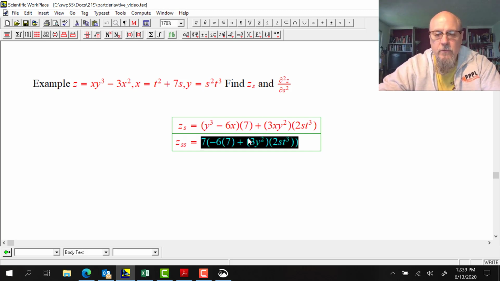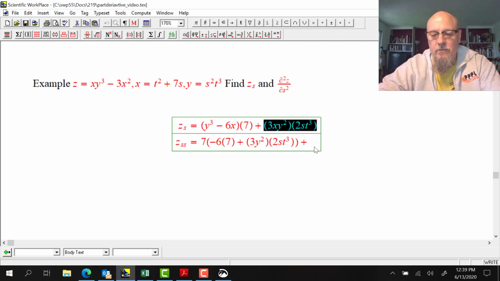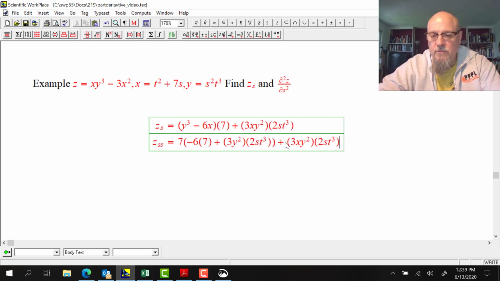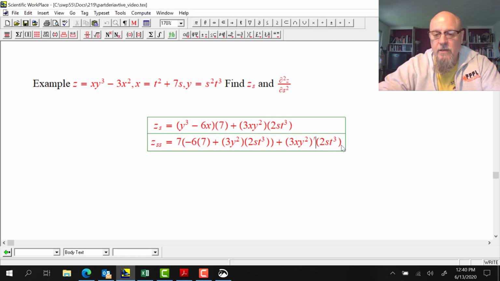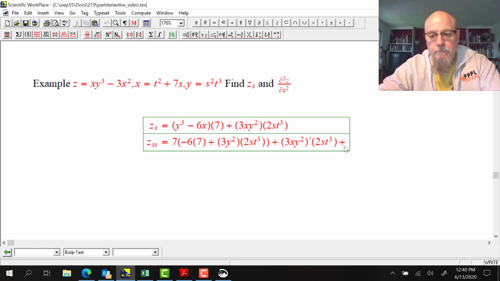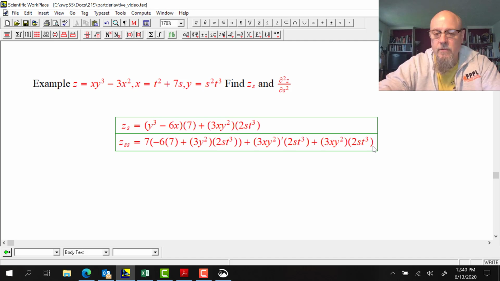So this is the derivative of this with respect to s. Plus, now I've got to differentiate this. All right. The product of two things. So I'm going to use product rule. So it's going to be derivative of the first, leave the second alone, plus leave the first alone times the derivative of the second.